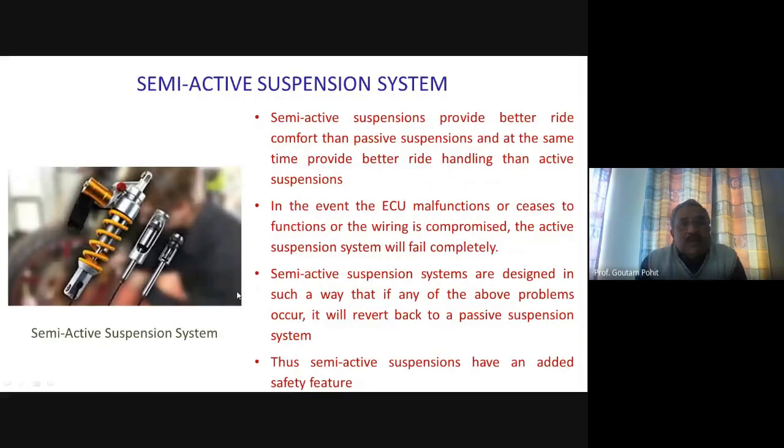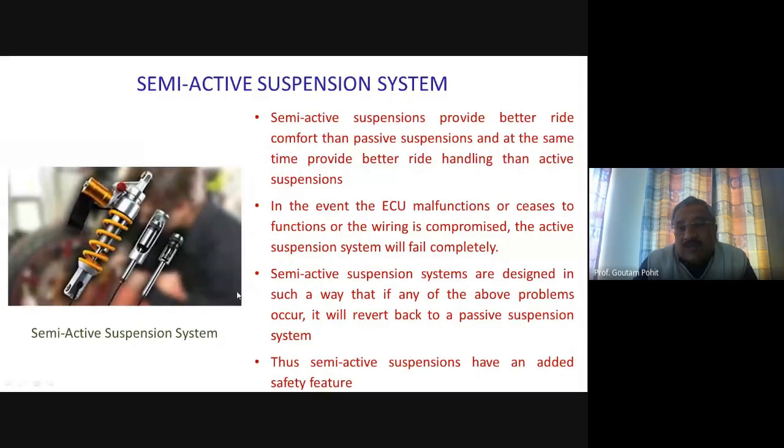Now, what is a semi-active suspension system? A semi-active system provides better ride comfort than a passive system. At the same time, it provides better ride handling than an active system. In the event the ECU malfunctions for the active system, then the active system will fail completely.